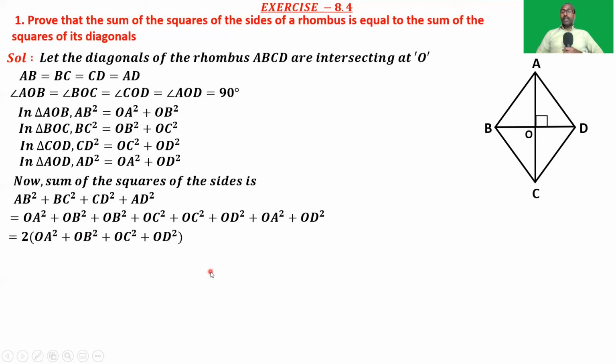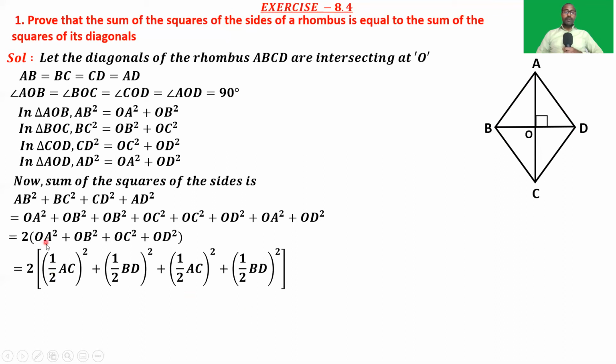And we know that in a rhombus, diagonals bisect each other. That is, both OA and OC are equal to half AC, and OB and OD are equal to half BD. So now substitute OA is equal to half AC, OB is equal to half BD, OC is equal to half AC, OD is equal to half BD.